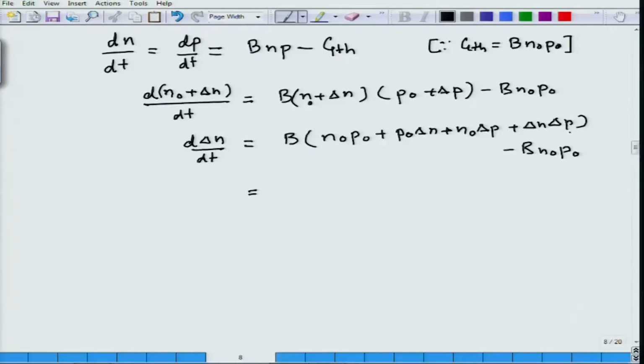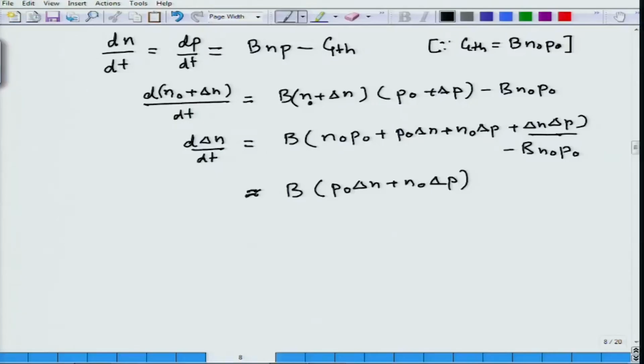This particular expression, since we have taken the assumption of a very low level of injection, is going to be very small compared to these two expressions. So we can drop that since it is negligible, and with our low level injection this will reduce to B P naught delta n plus n naught delta P.